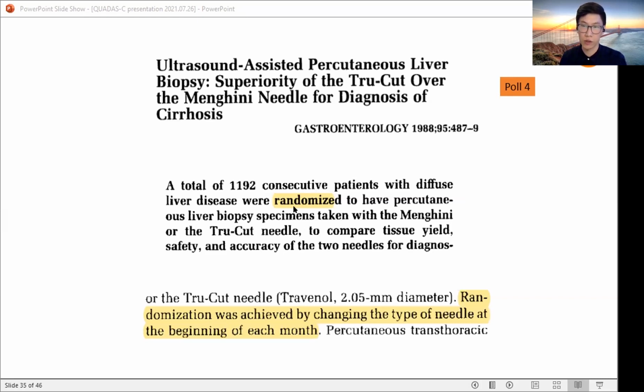So the allocation sequence is not really random, it's alternating. And since this is alternating, it's also predictable what the allocation sequence is, because I assume the doctors in the study know that after each month a different needle is used. So this allocation sequence was also not concealed. So no random sequence generation, no allocation concealment.